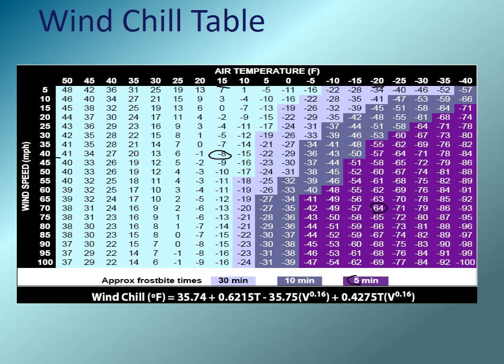It would only take 5 minutes for your skin to get frostbite. Don't worry about this equation down here; it's an empirical equation that we've used to estimate these values. Bottom line, when it's really cold and really windy, it'll feel colder than what a thermometer would actually read.